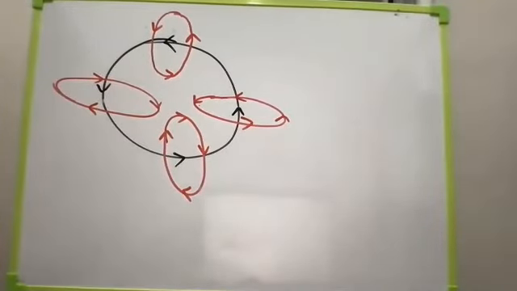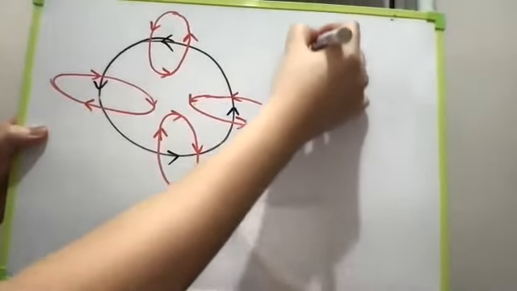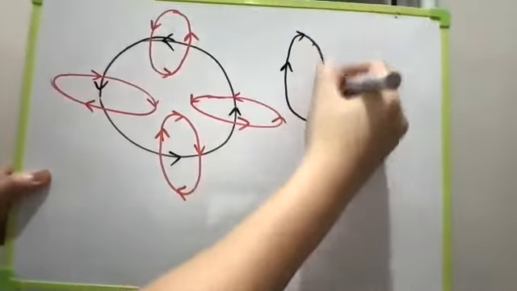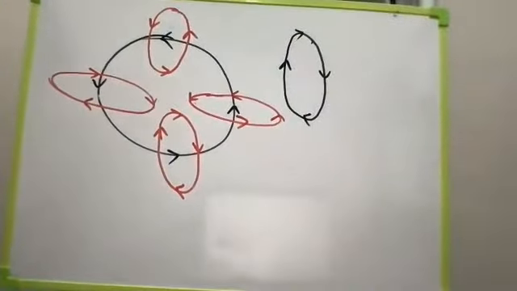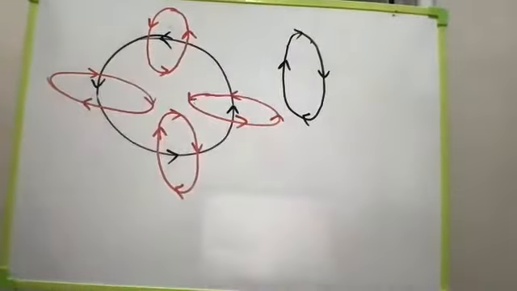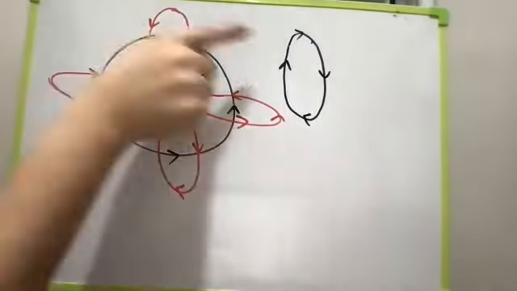So if I draw it like this, a 3D view. On top here, the current is coming out towards you, right?